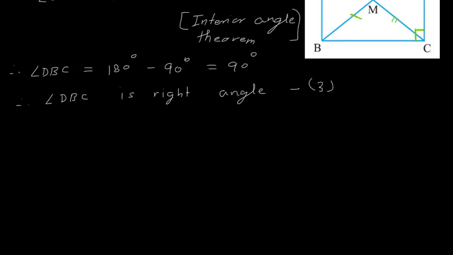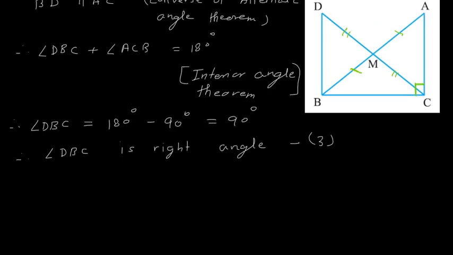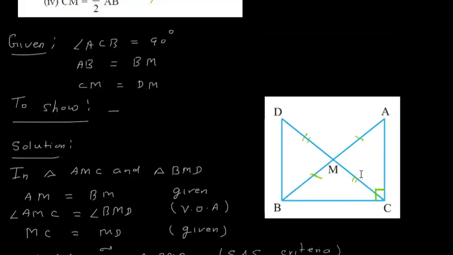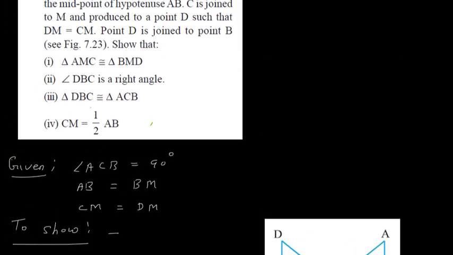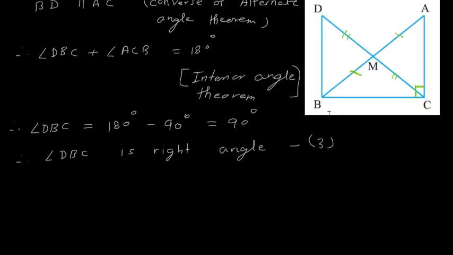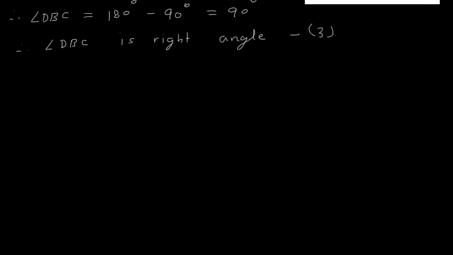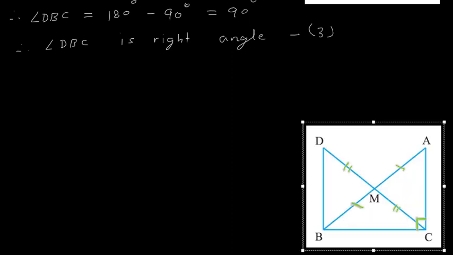Now I have to prove that after that, again two triangles we have to prove congruent, triangle DBC and ACB. Let us see whether it is there. It is there.